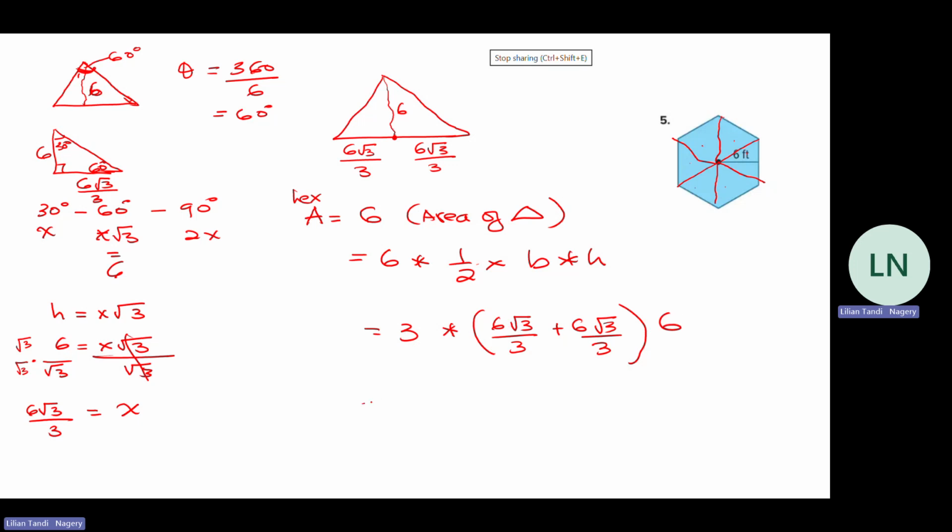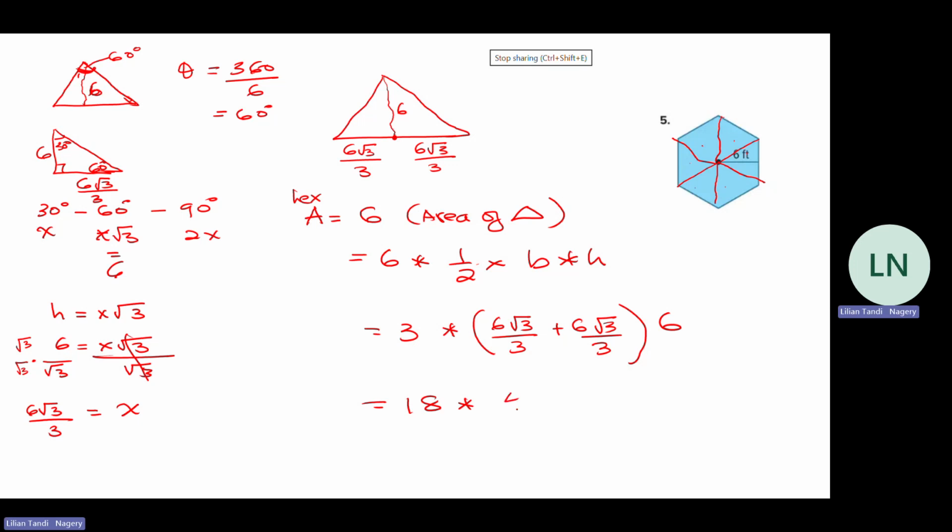3 times 6 is 18. And then I will multiply with, now let me add 6 square root 3, no, fraction first. 6 square root 3 over 3 plus the fraction 6 square root 3 over 3 will give me 4 square root 3.